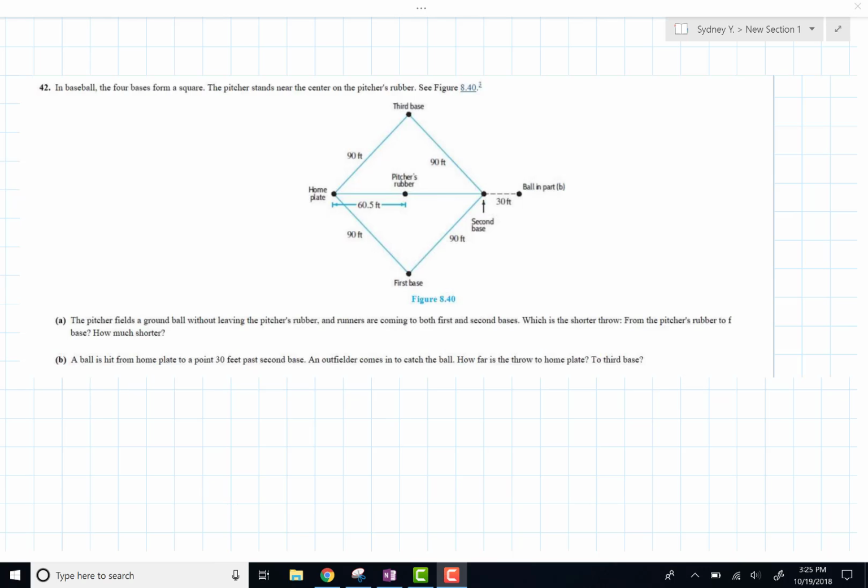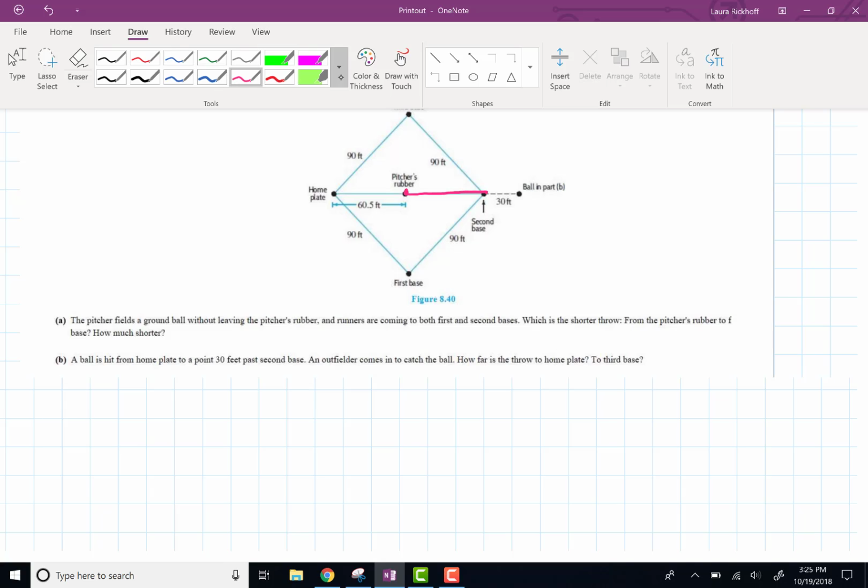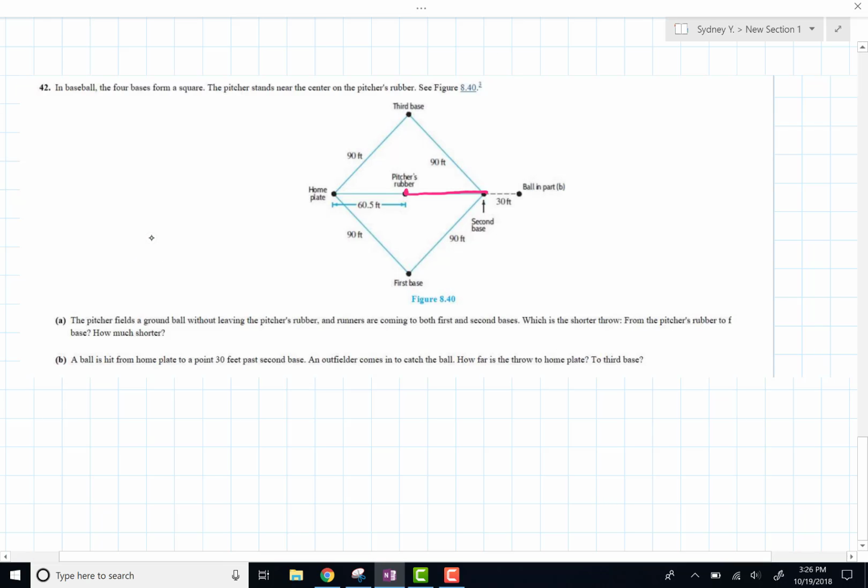Okay, so the thing about this one is that the pitcher's rubber isn't directly in the center. That would be too easy, right? So I want to find the distance from the pitcher's rubber to second base first, and I'm going to do that using this whole big triangle here, this right triangle.